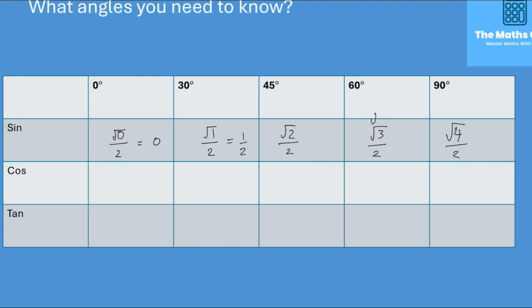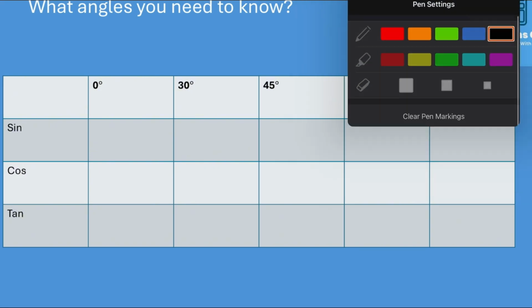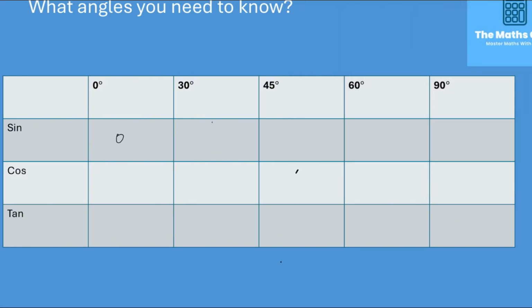Root 3 over 2, you can't simplify that anymore. Then root 4 is 2, so 2 over 2 is going to be 1. If I was to write them out, it would be 0, 1 half, root 2 over 2, root 3 over 2, and 1.